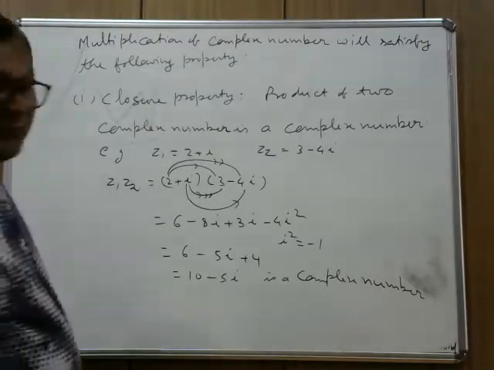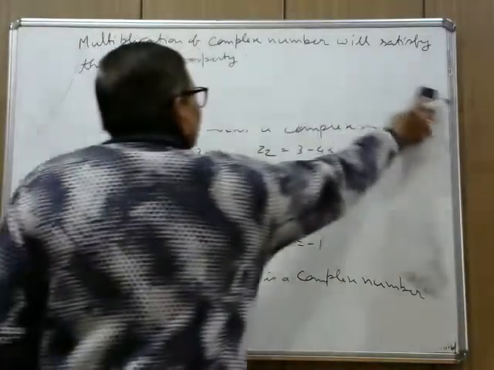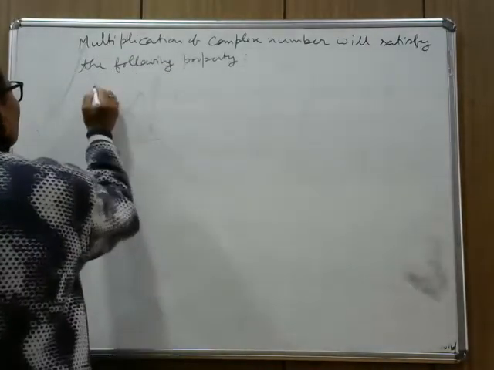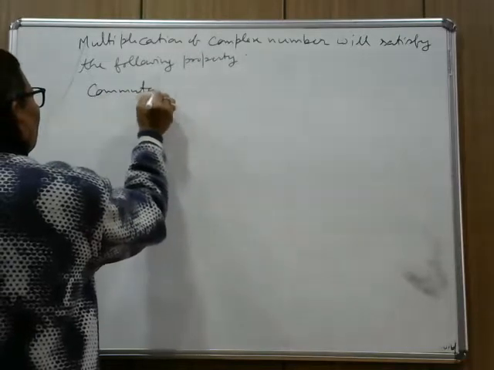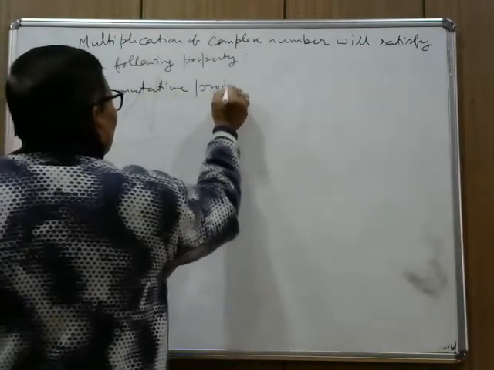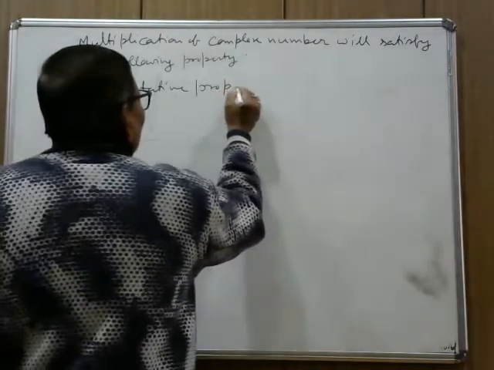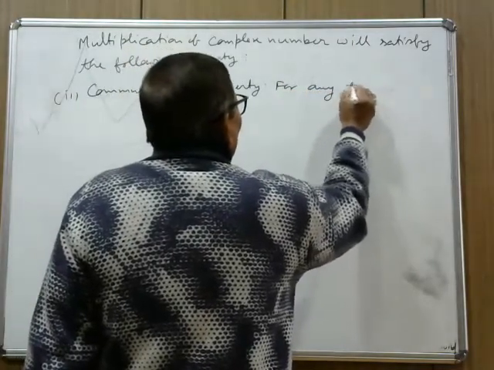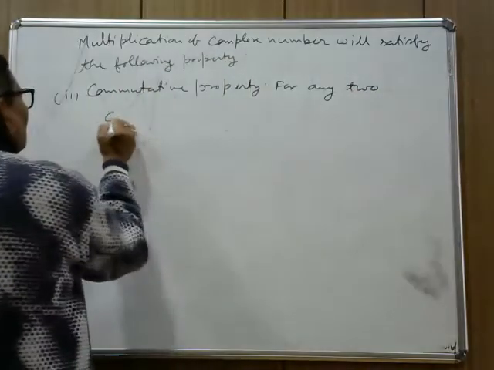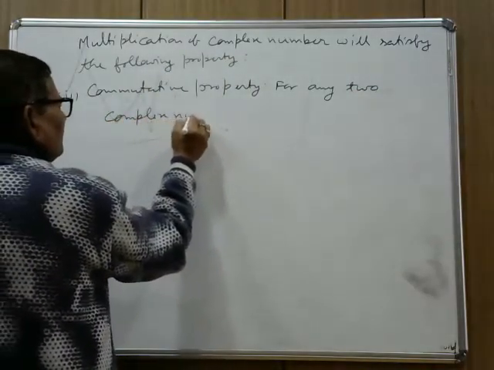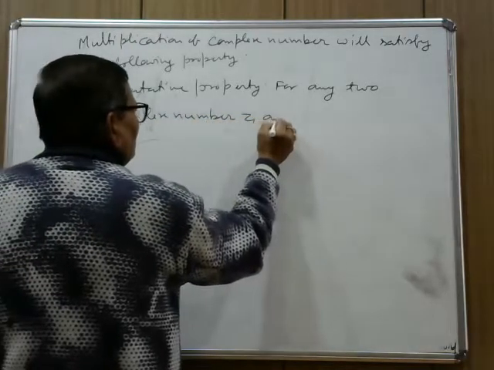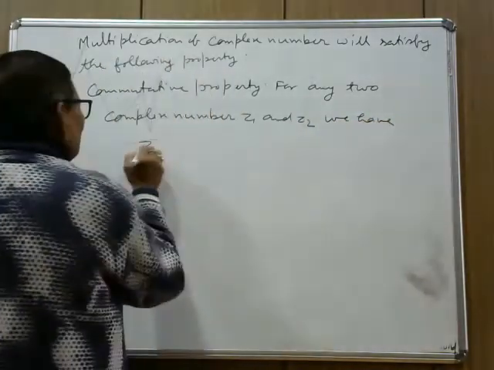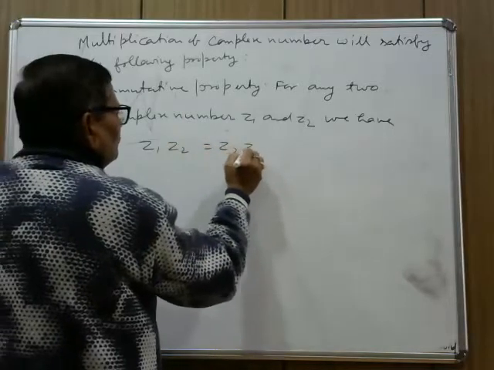Now next one, the commutative property. Second, for any two complex numbers Z1 and Z2, we have Z1 multiplied by Z2 equal to Z2 multiplied by Z1.